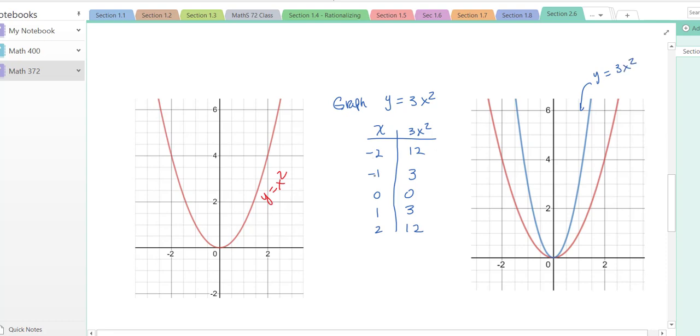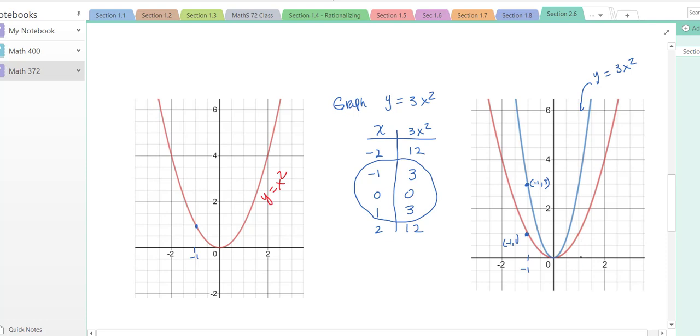Notice that when x is -1, 0, and 1, when x was -1, we went all the way to 3 instead of being at -1, 1, like we were in the parent graph, right? -1, 1 here in the parent graph. So it's stretching it. It's the same x value, but the y value is stretched out.